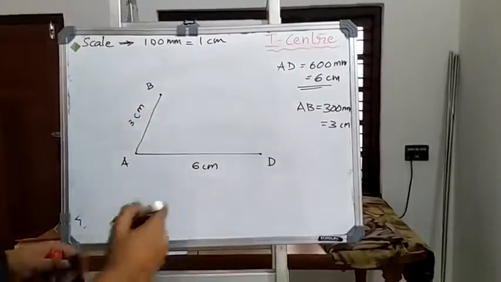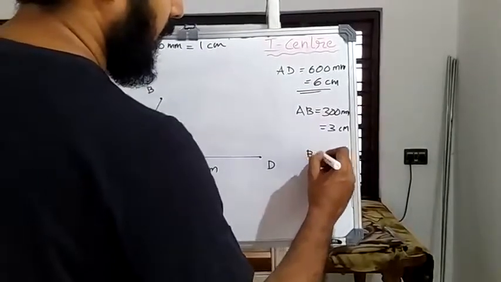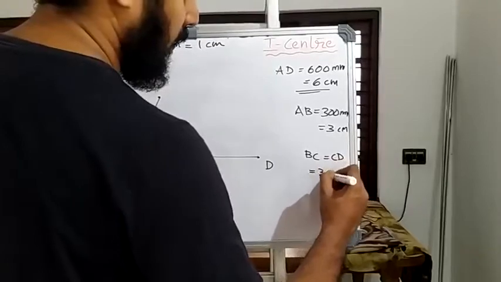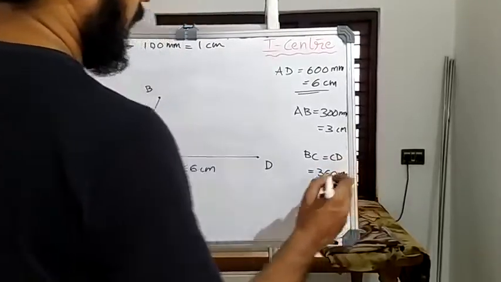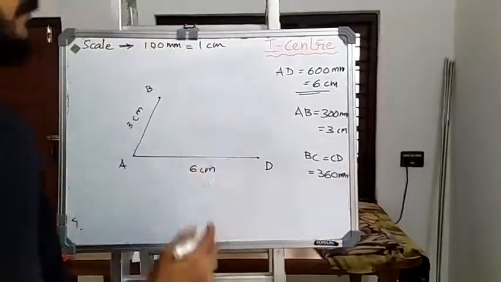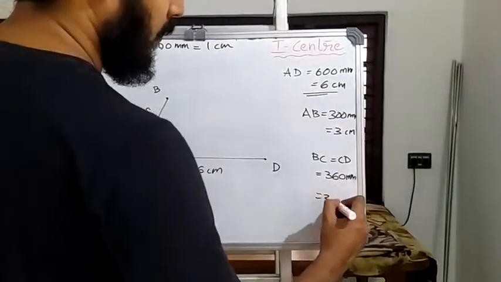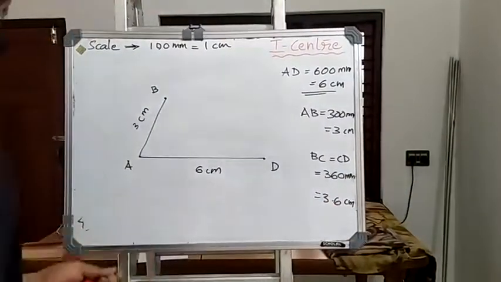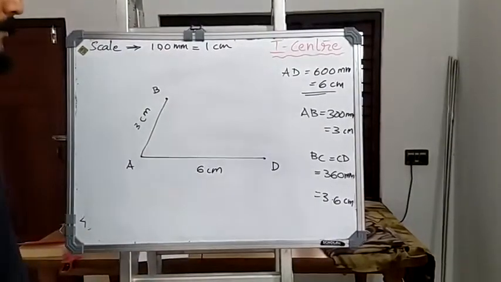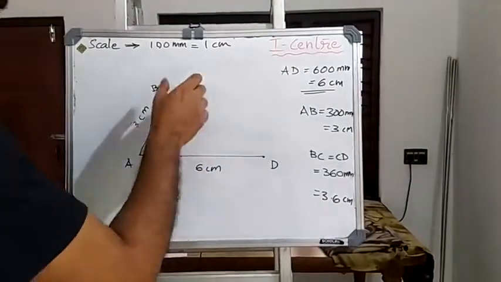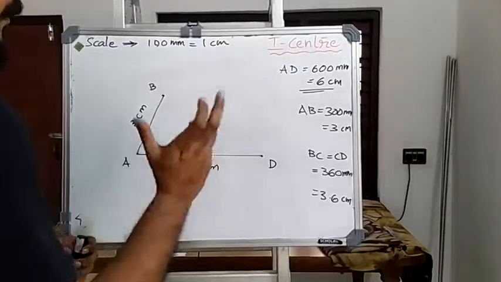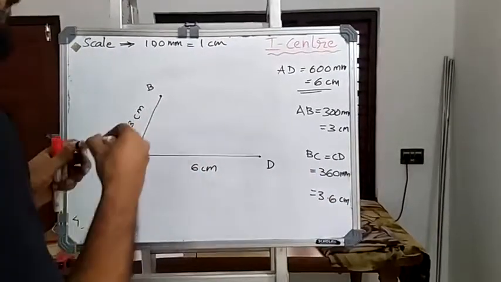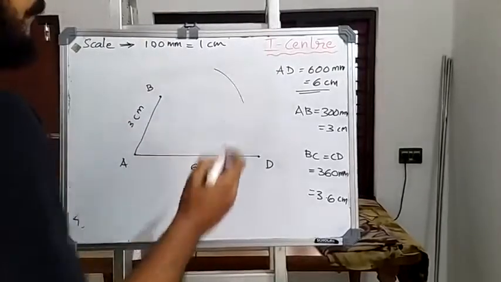Next, we have BC equal to CD, both equal to 360 mm. According to our scale, 360 mm will be equal to 3.6 centimeter. Now, taking your compass, keeping B as center, take 3.6 centimeter in your scale and cut an arc.